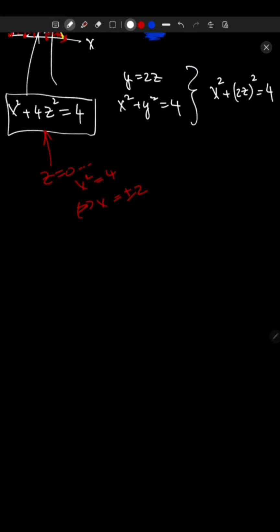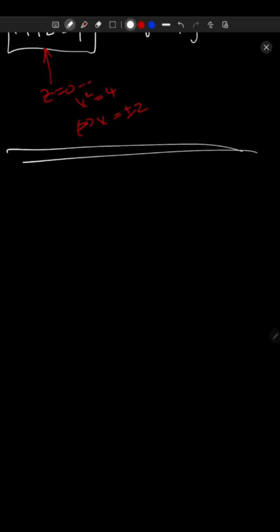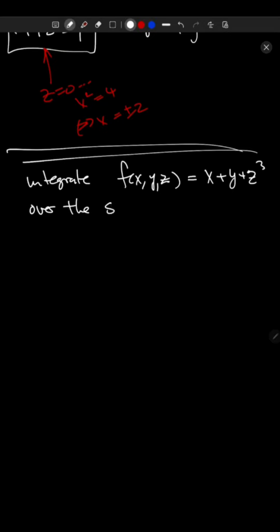All right, let's do another one. Let's integrate f of x, y, z. I'm not actually going to do the integral, so it doesn't really matter. Say x plus y plus z cubed, whatever.